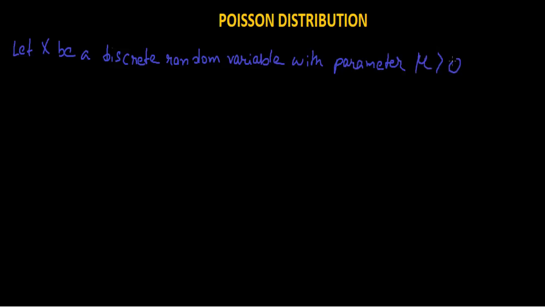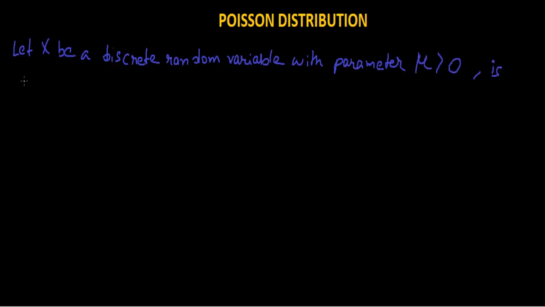Today we'll be seeing the Poisson distribution. Let x be a discrete random variable with parameter mu greater than 0.